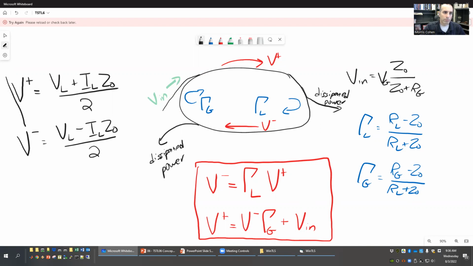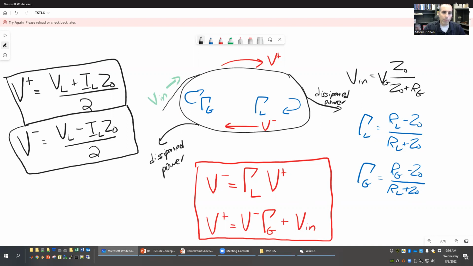Here's the first one. Remember, V positive is the sum of every single positive going wave that comes through if we wait long enough for the circuit to reach steady state. Add all those voltages together, and it's going to end up being V positive. Same for V negative. Take all the negative going voltages, extend out to t equals infinity, and they're going to sum up to V negative.